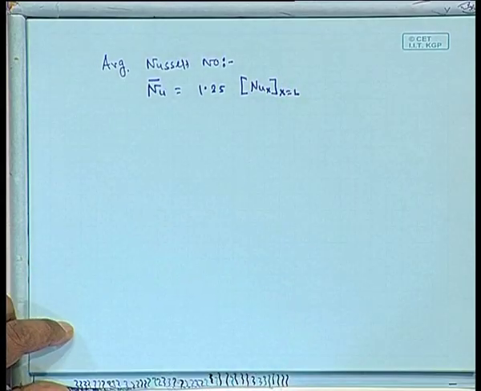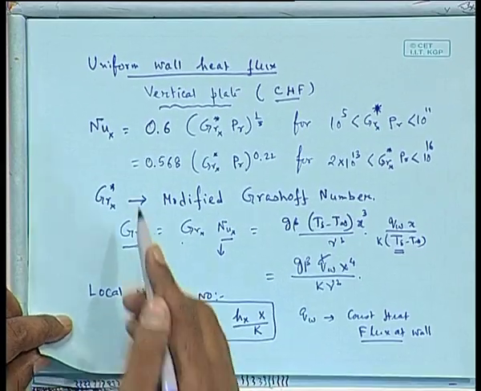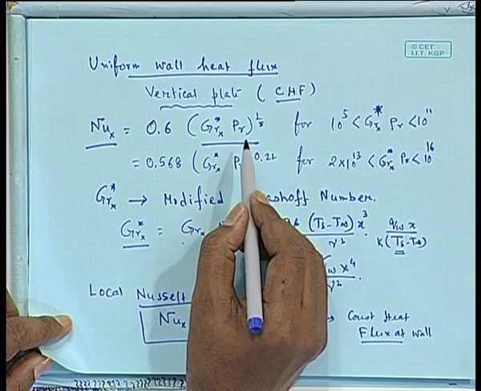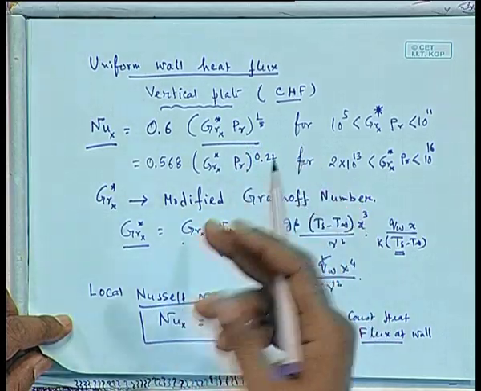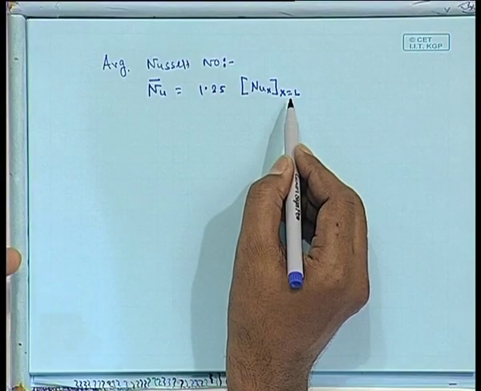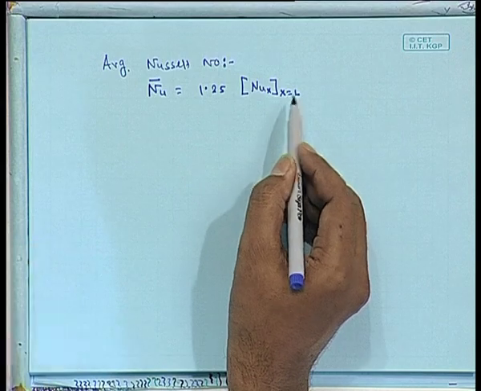Once you know the expression for local Nusselt number as a function of x, you can integrate it over the length, and it is expressed as 1.25 Nusselt number x evaluated at L.